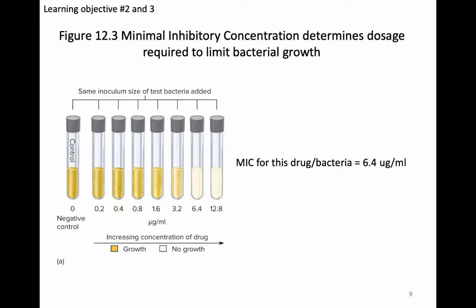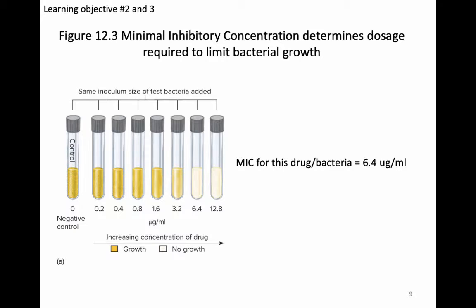So in the negative control tube, we have the media, we have the microbe growing, and we have no concentration of the drug. In the tubes subsequently, we have increasing concentration of the drug. So starting at 0.2 micrograms per milliliter, we go all the way up to 12.8 micrograms per milliliter.